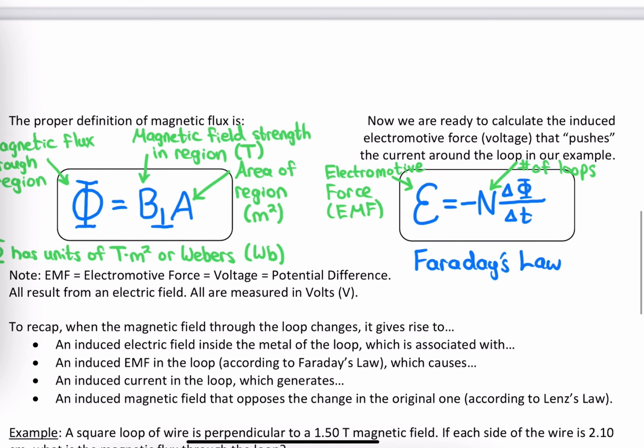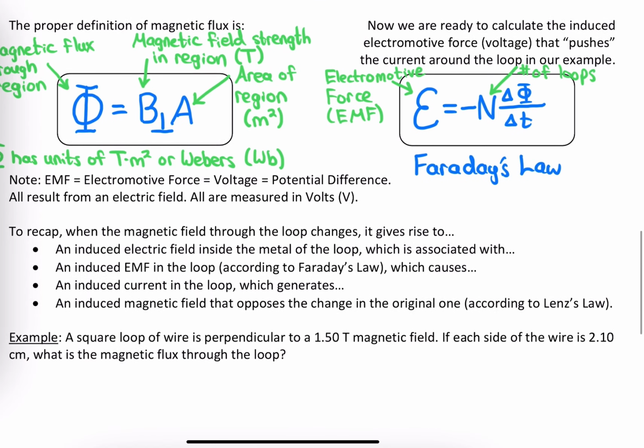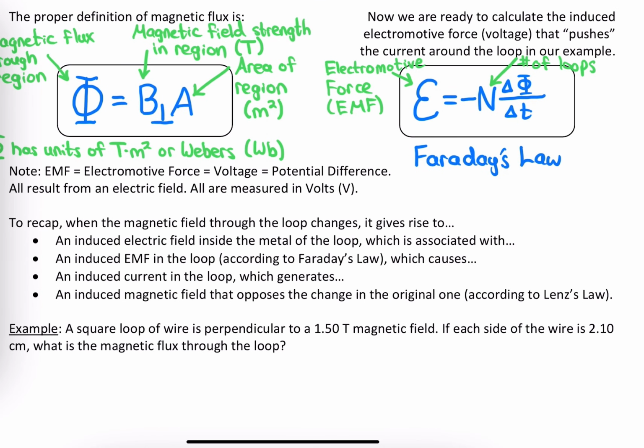Now, one thing I want to note here, because there are a few words that all mean the same thing. EMF is an abbreviation for electromotive force. Electromotive force is sort of an old word for voltage. Voltage is what causes current to flow around a circuit.